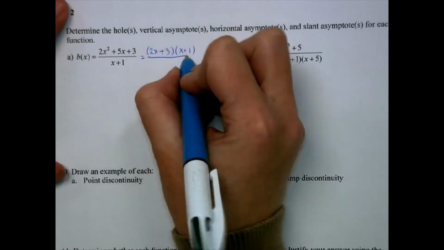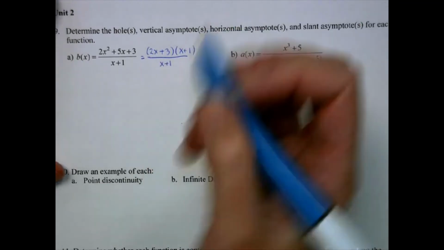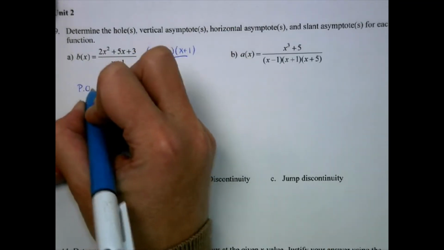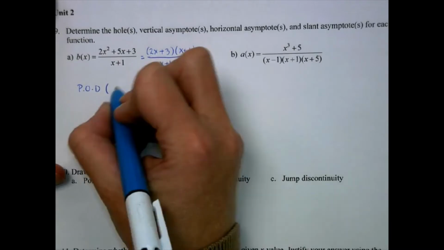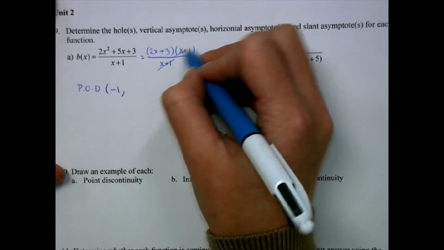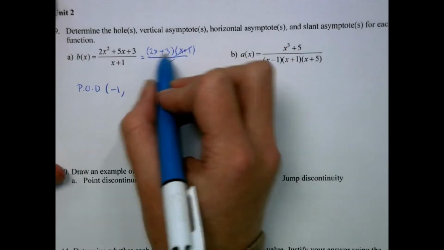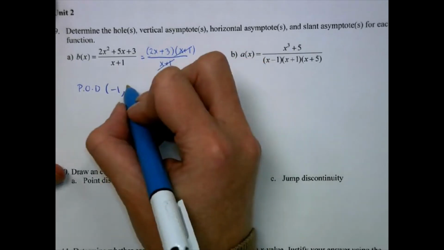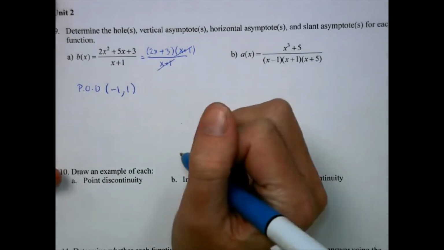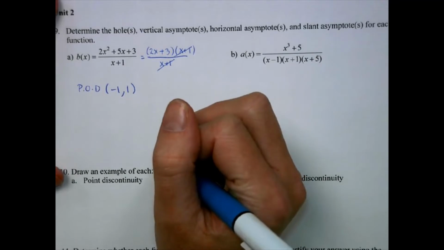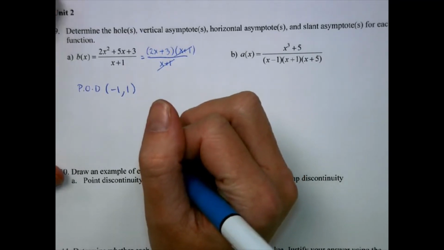So this has a point of discontinuity when x is -1. Remove it, plug -1 into what is left, so -2 plus 3 gives me 1. It is no longer rational, so it doesn't have any horizontal, vertical, or slant asymptotes.